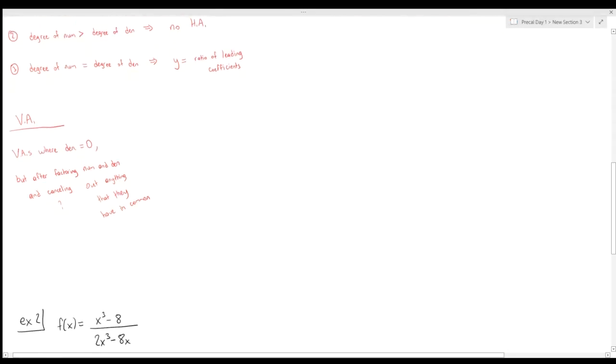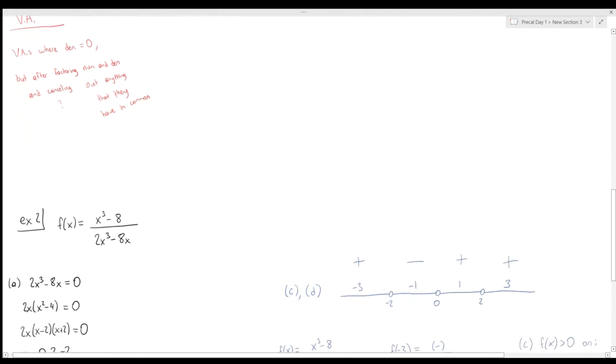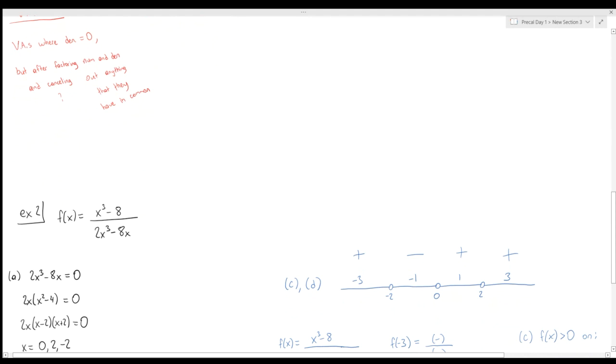So therefore, we will have a horizontal asymptote, and the equation for it will be y equals the ratio of the leading coefficients, okay? By leading coefficients, I'm referring to the coefficient of the highest powers of x, which would be the 1 and the 2.